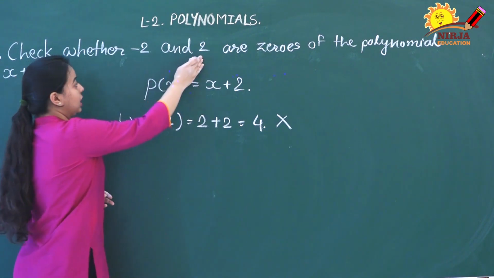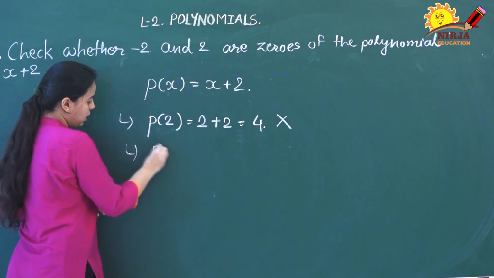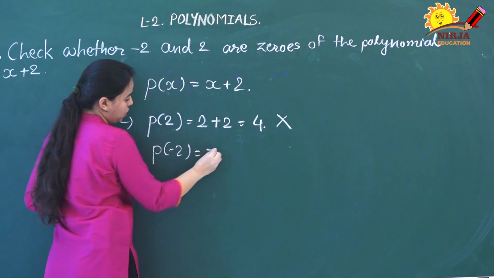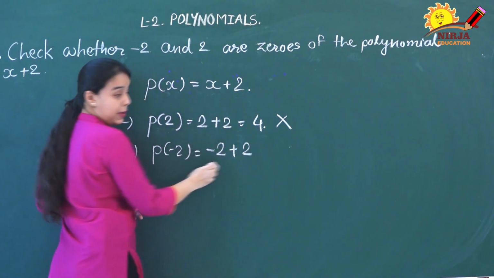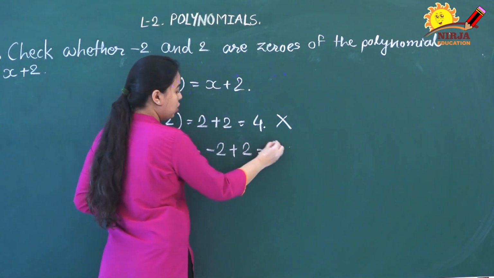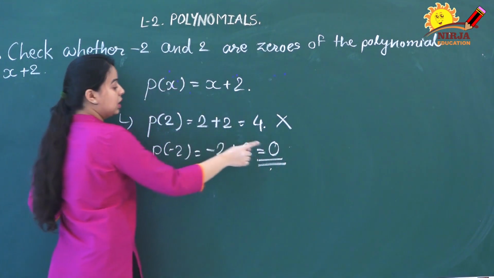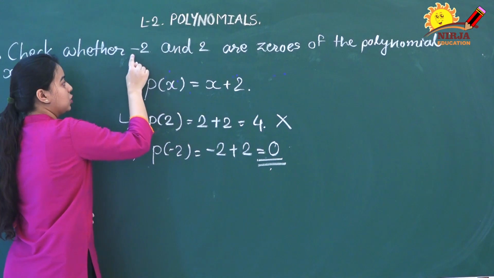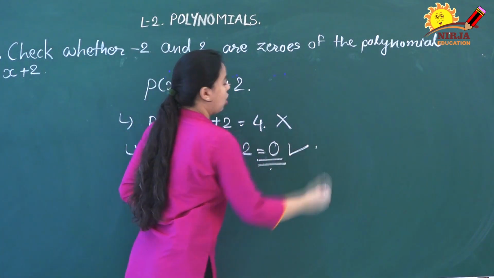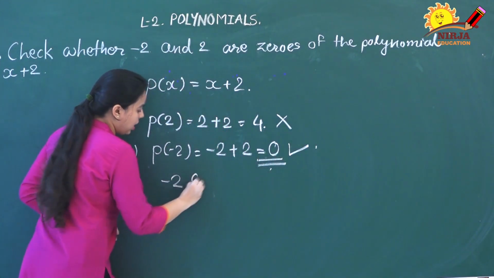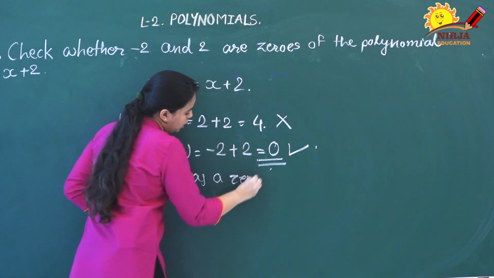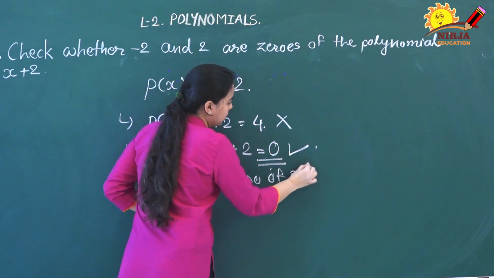Now let's check it for -2. P of -2 is equal to -2 plus 2, and -2 plus 2 is equal to 0. So here we got answer of polynomial 0 for x is equal to -2. So we can call -2 as a zero of polynomial.